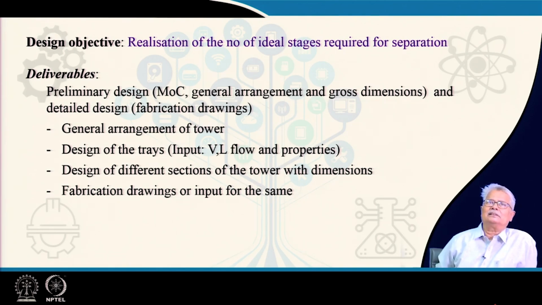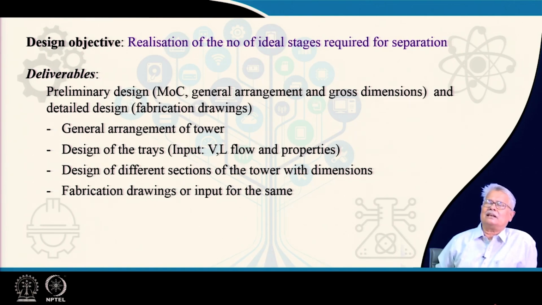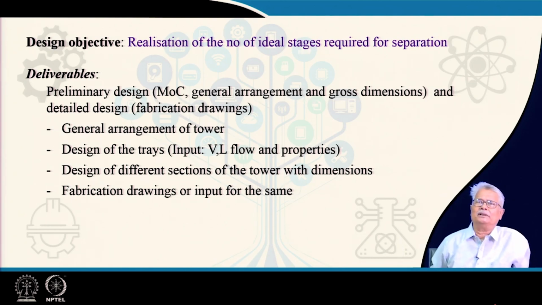Quite naturally, the tower different sections will have different vapor liquid flow rates and will also require certain modification with respect to draw off, feed coming in, maybe the reflux return and things like that. So, those things also have to be discussed and decided independently. That means, the different sections require special focus. And the final thing will be the fabrication drawing through which the designer will communicate his design output for fabrication.